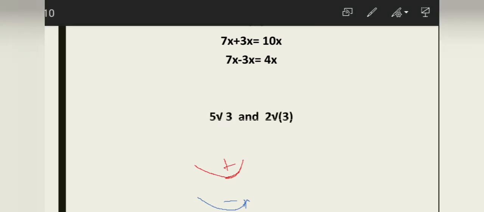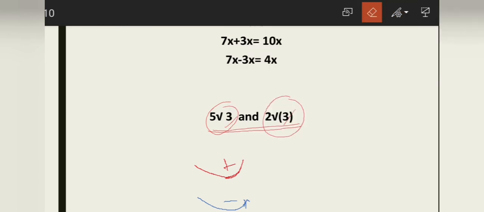In the same way, you can add irrational numbers only when you have the same root number. Here I have taken two examples, 5 root 3 and 2 root 3. In both examples, inside the root we have 3, isn't it?